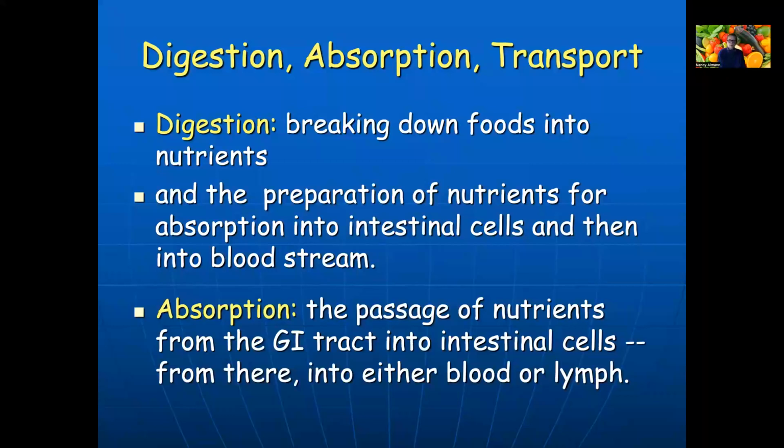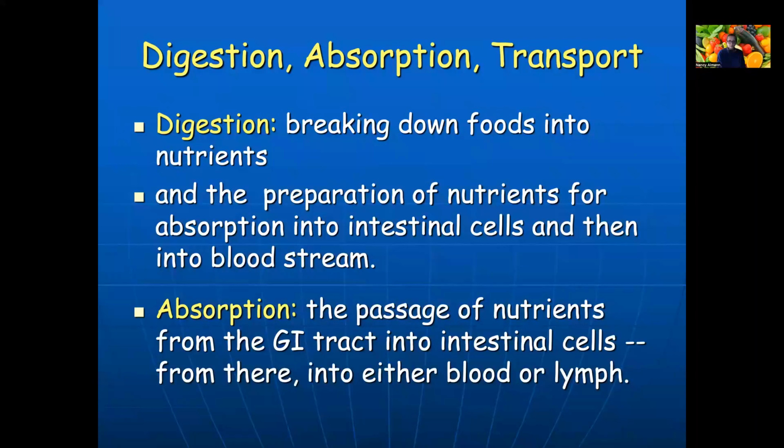Digestion is the actual process of breaking foods down into small enough components that they can be used by the cell to produce either energy or to produce nutrients, which can be used to grow and repair tissues.